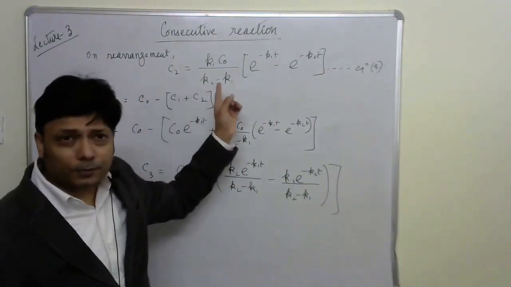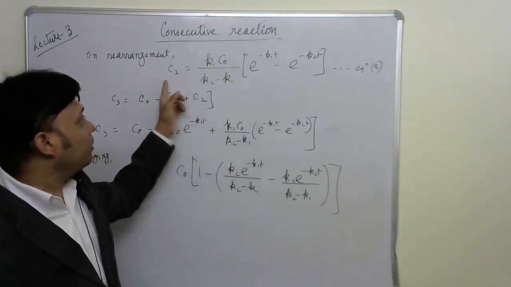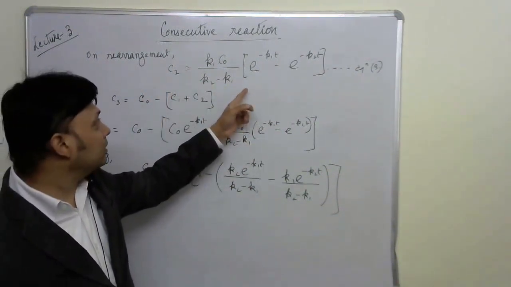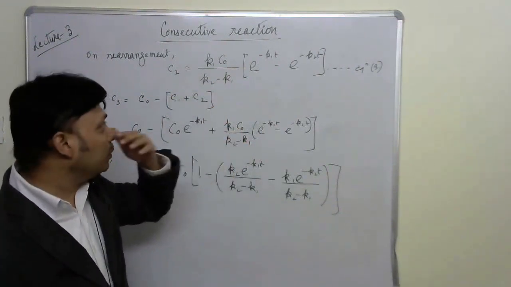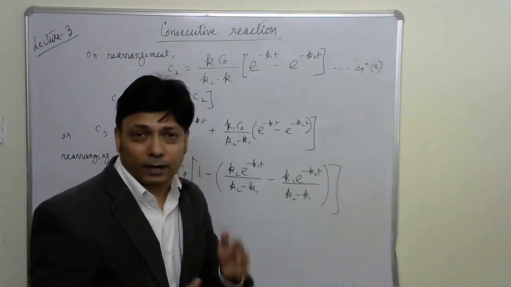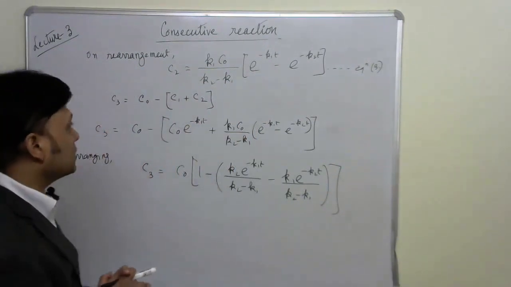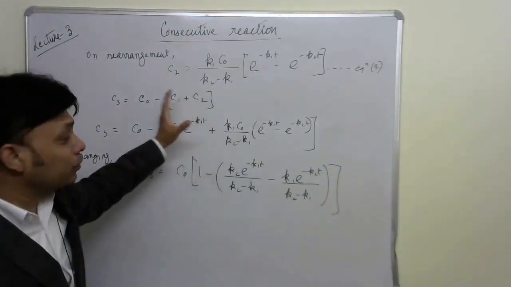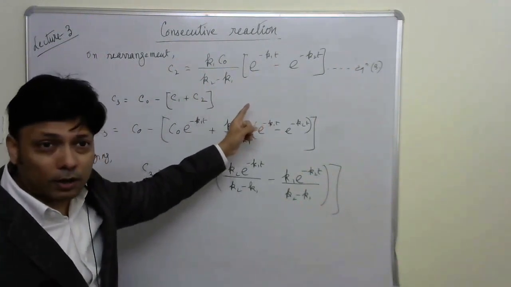So look here, this equation relates C2 with C naught, the constant value, and time t, and of course we have K1 and K2, and these values should be known to us. Therefore we are successful in framing an integrated rate law in terms of C2.